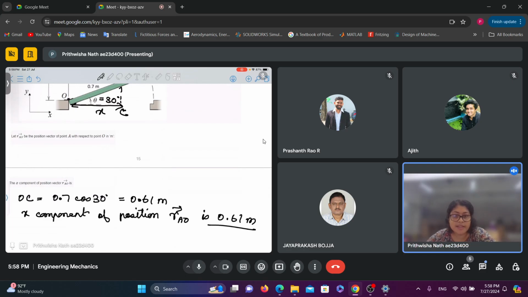Yes, reaction force will be there, but we just need to calculate the x component. Of course, reaction force will be there. Okay. So is there any doubt with this problem, like for finding out the x component?